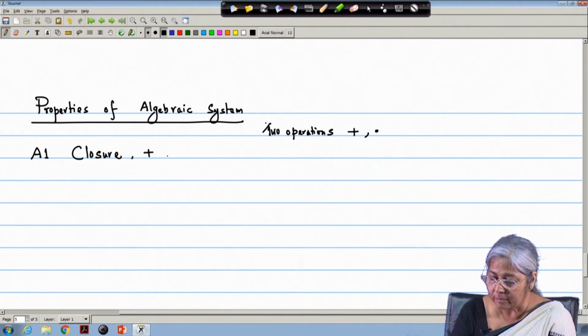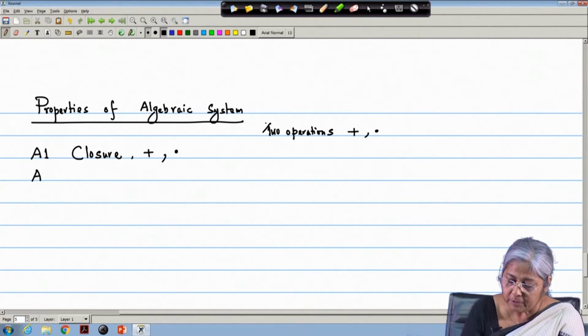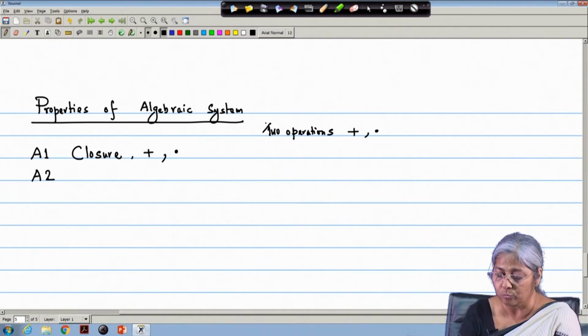So I can write closure with plus and dot. Now, I give the property A2. A2 I consider the associative property.